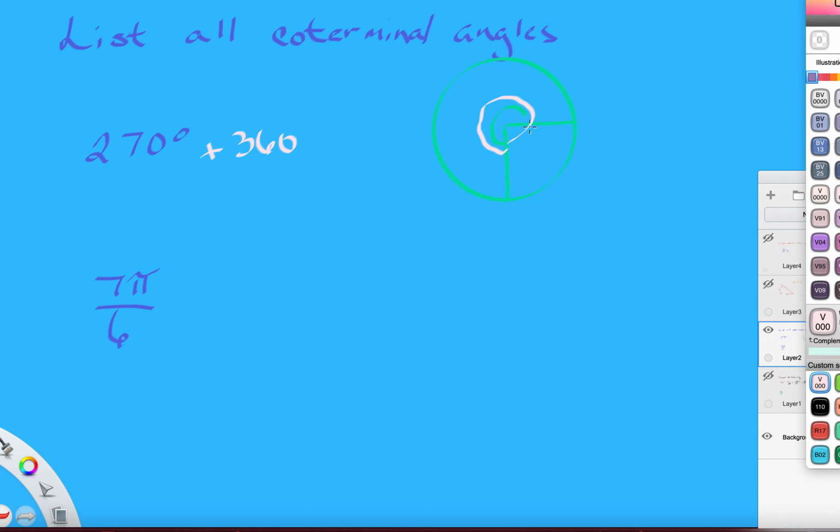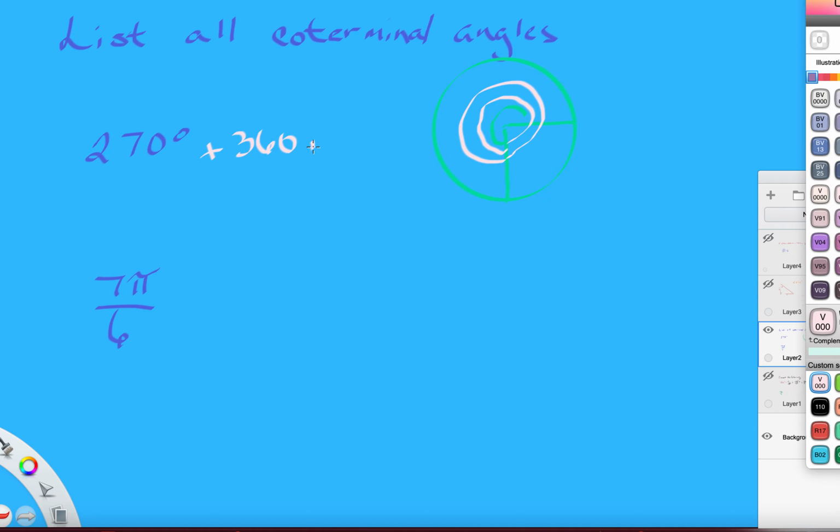Right? And then, the truth be told, if I go the other way, back 360, I've also come back to this coterminal angle.